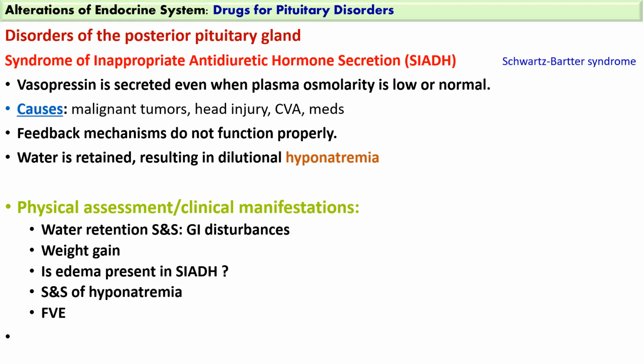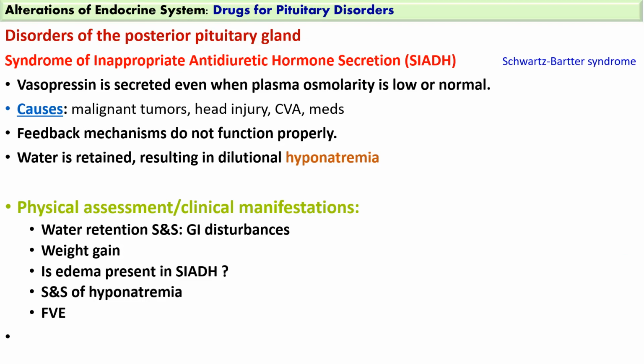Basically, patients with DI, especially permanent DI, will be treated with a synthetic source of ADH hormone: desmopressin, vasopressin, Pitressin. Now, on the contrary, there are patients whose posterior lobe of the pituitary gland produces too much ADH hormone, which is the syndrome of inappropriate ADH hormone.